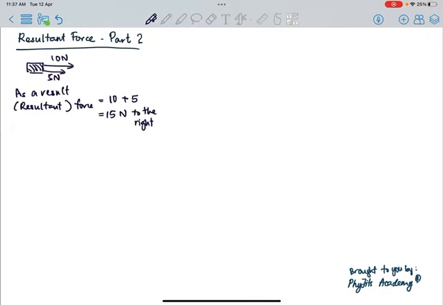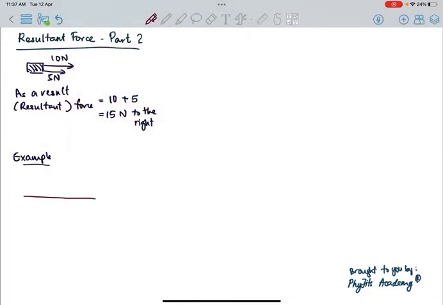Right? So there are also cases where the forces acting onto the object are not pointing in the same direction. They are opposite in their directions. For example, let's say you have an object.